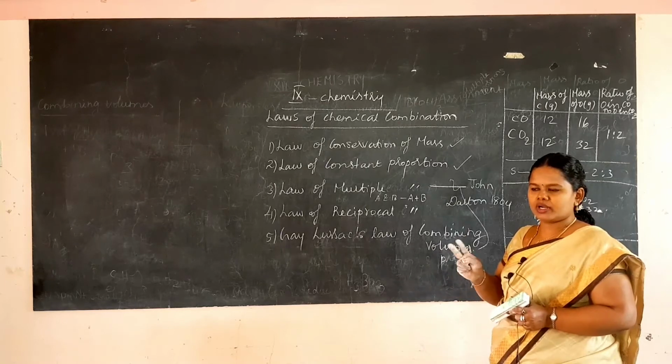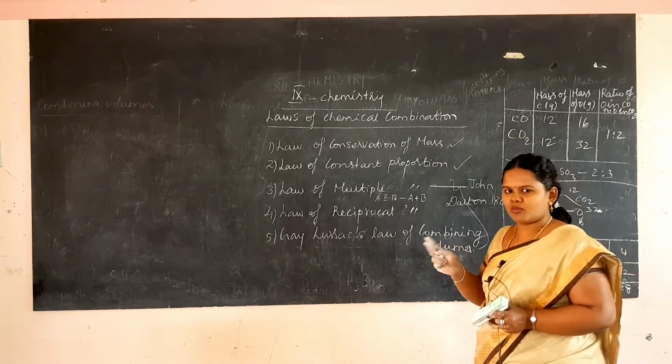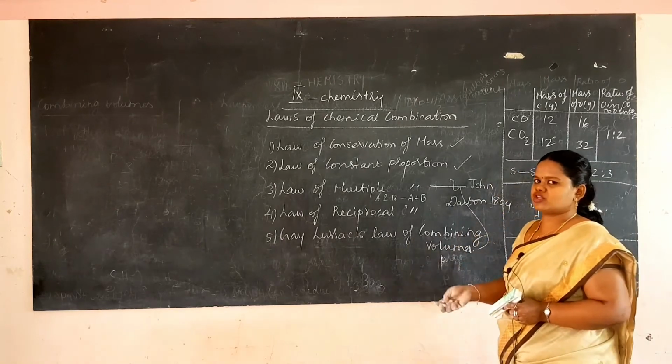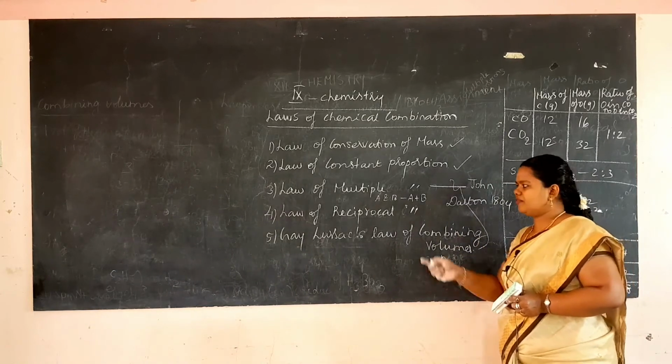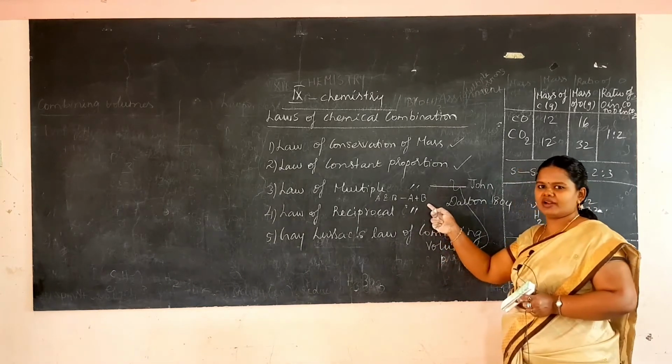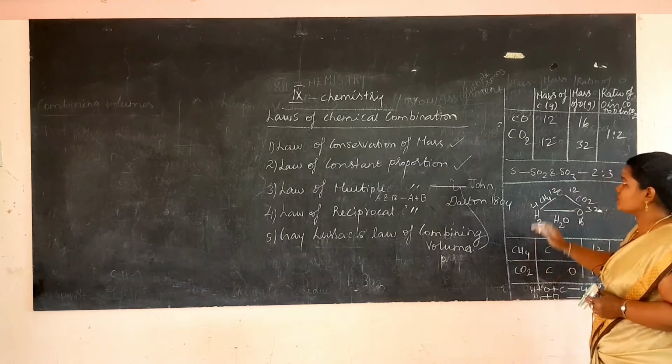So when two elements form more than one compound, it will form in a fixed ratio. That fixed ratio is a simple numerical ratio. I will explain it using an example.